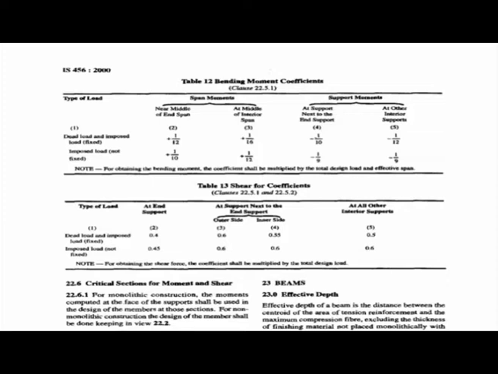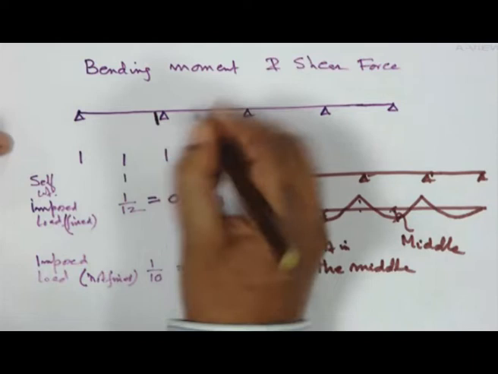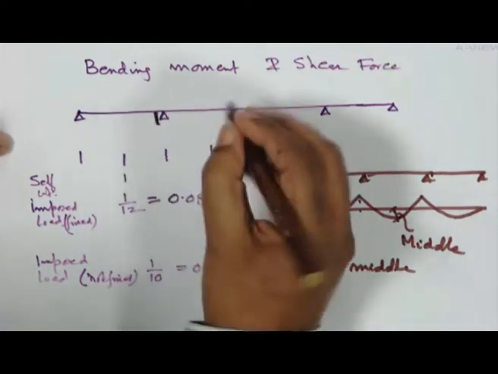At end support you are having 0.4 and 0.45. Obviously when it is not fixed, then it will be more, but if it is fixed, then it is less. Now, why are there two at the support next to the end support, outer side? That means this is your outer side, this particular one we call outer side.